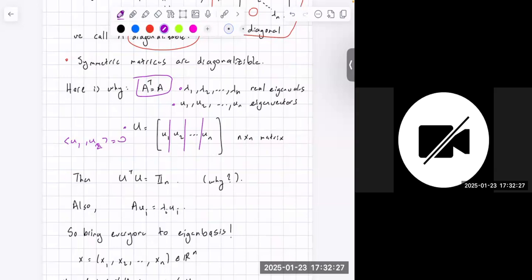In other words, U transpose times U gives the identity matrix. This is precisely the type of matrix that gives you a rigid motion: a matrix U where every column is orthogonal to each other encodes rigid motion in whatever dimension you're working in. It's just a small side remark.